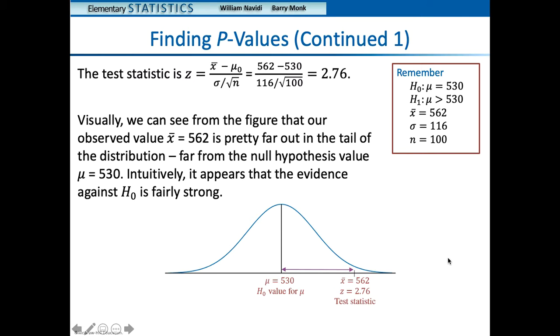So what we would say is that the evidence here suggests that the null hypothesis is probably not true, right? Because the probability of the sample mean being 562 is quite small if the mean of the distribution is 530, a more likely real-world scenario is that my distribution is centered over a number that is bigger than 530, right? So we go with the more likely scenario in this case, and we'd say probably the value of mu is actually bigger than 530, which suggests that the alternate hypothesis is true.